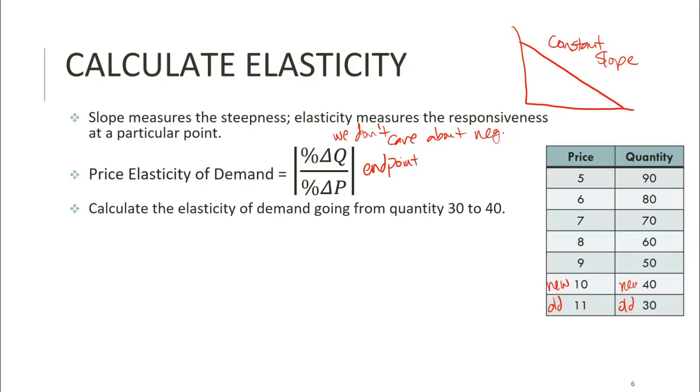So endpoint formula says you take the new value minus the old value divided by the old value. We're going to take our endpoint minus our starting point divided by our starting point. So end minus start divided by start.